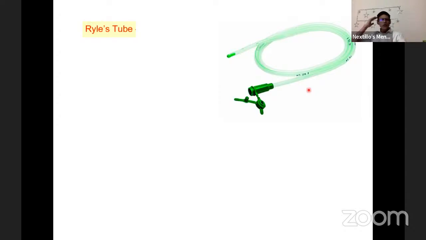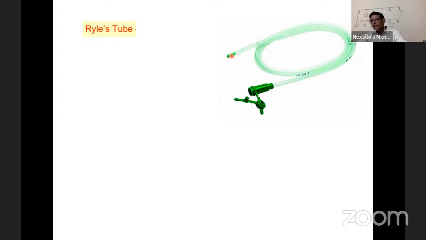For this we need to remember the important distances from the oral or nasal cavity, at what point we are going to have the first obstruction, that means the lower esophageal sphincter, then where do we have the pylorus, and so on, so that we can judge where the tip is. This tip of the Ryle's tube is going to be radio opaque.